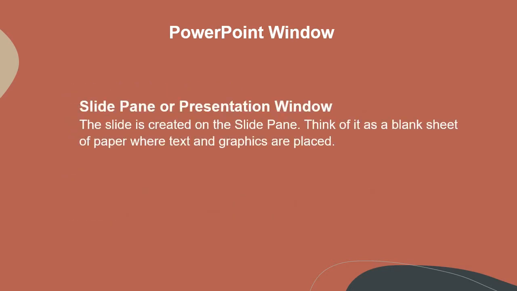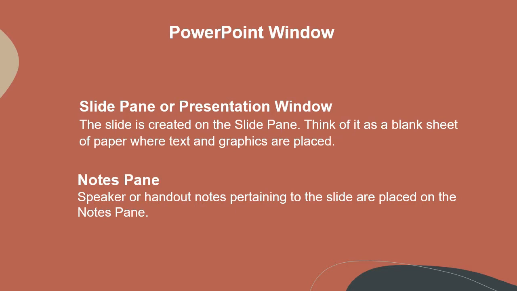Slide pane or presentation window. The slide is created on the slide pane. Think of it as a blank sheet of paper where text and graphics are placed. In our Microsoft Word, we call it pages. However, in Microsoft PowerPoint, that is the slide pane. Notes pane: speaker or handout notes pertaining to the slide are placed on the notes pane.